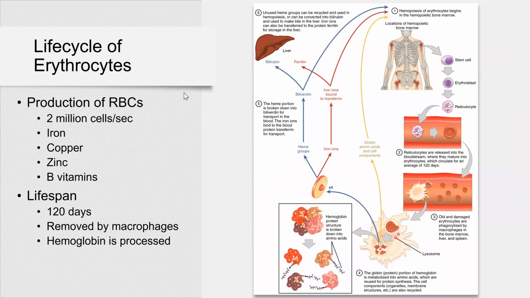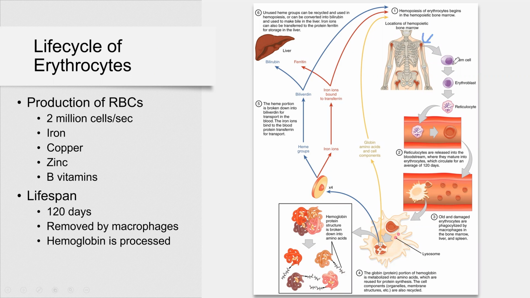Now, the life cycle of erythrocytes. Let's start over here with number 1. First, the formation of erythrocytes, or hemopoiesis. The location of hemopoiesis is mostly your bone marrow, right?